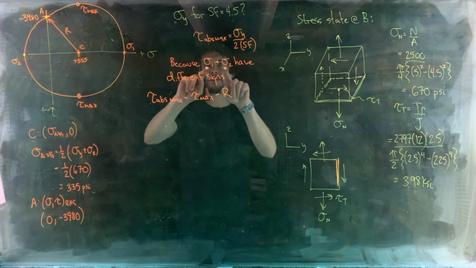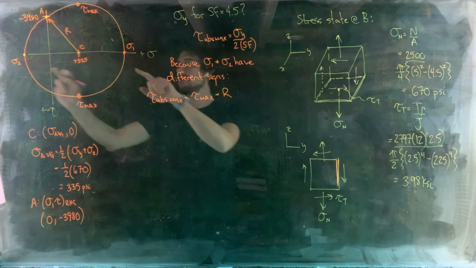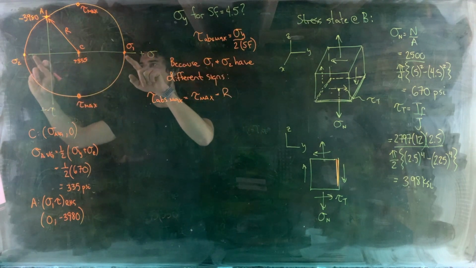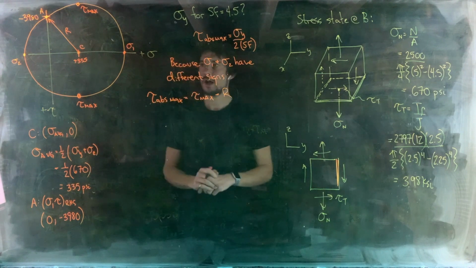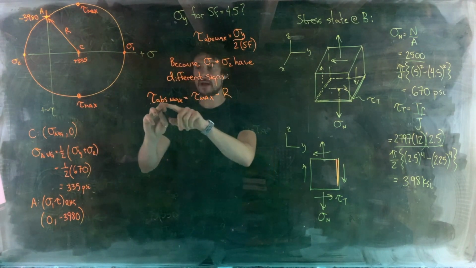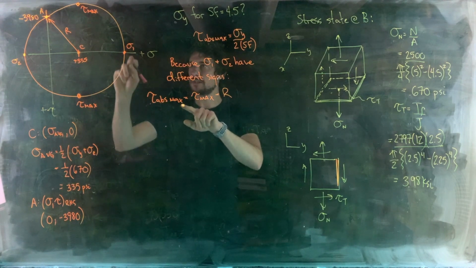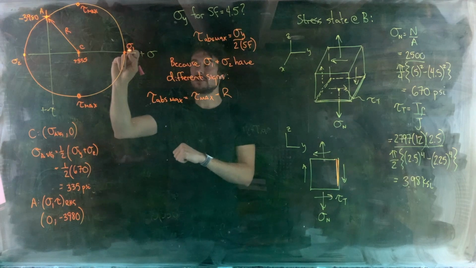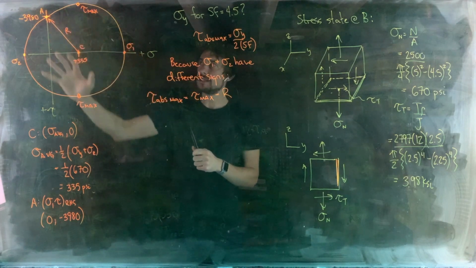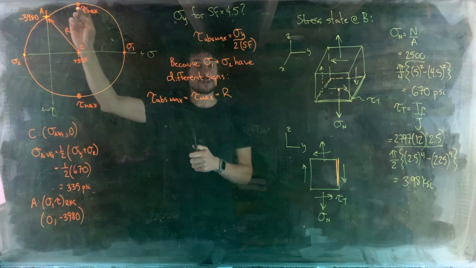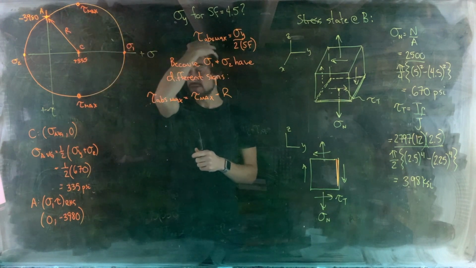Now, if sigma 1 and sigma 2 have the same sign, so let's say the whole circle is on the positive side of the axis, or the whole circle is on the negative side of the horizontal axis, then the absolute maximum shear stress is the value of the first principal stress divided by 2. Because if that's the case, the maximum shear stress on the circle is not actually the maximum shear stress that's present.